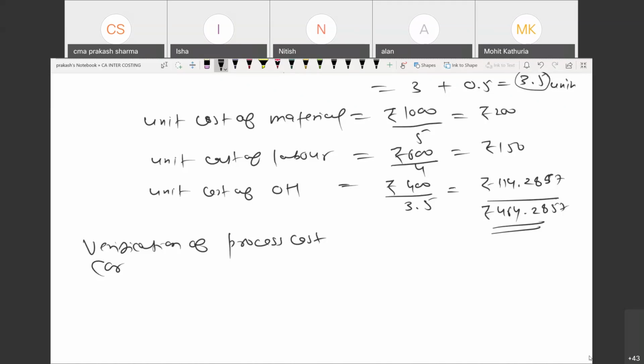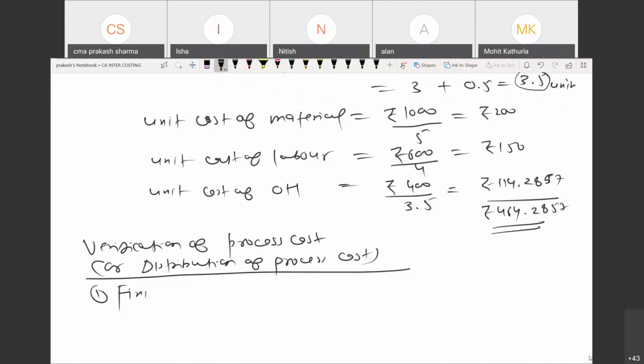Okay, and I should say distribution of process cost. So first is finished goods inventory. How many units were actually complete? Only 3 units were actually complete in respect of material, labor and overhead.